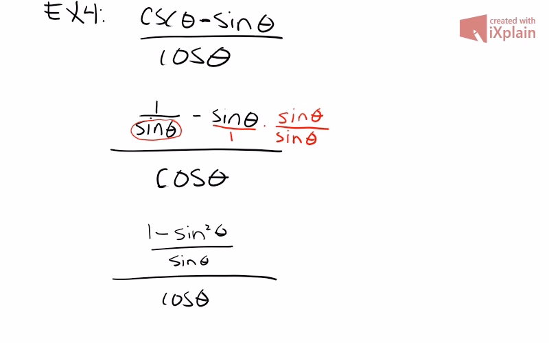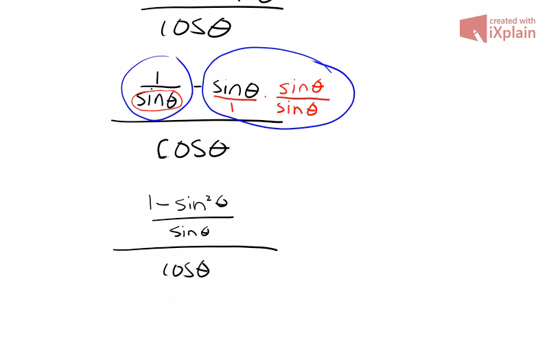So I've got my 2 fractions that I'm subtracting, common denominator of sine of theta. And actually I'm feeling a little good about this because I know that 1 minus sine squared theta, that's one of my Pythagorean identities.